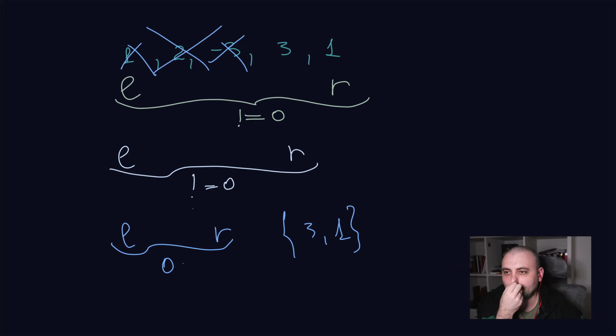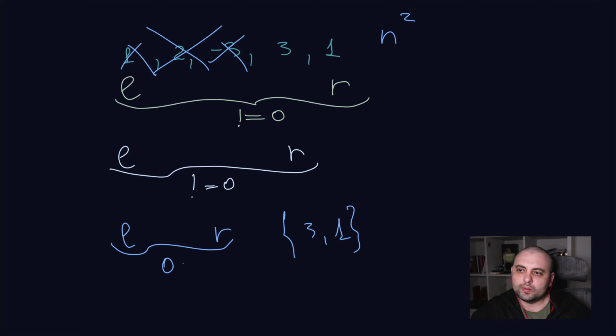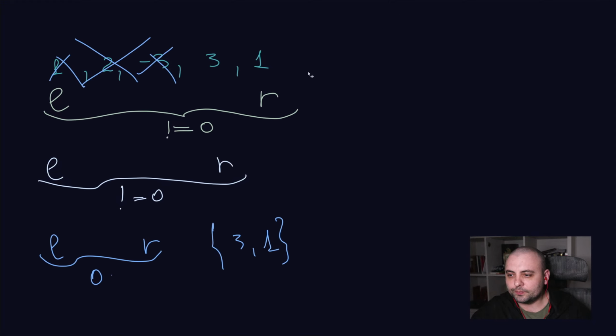That's interesting. At least it has like a feeling that it will work, and maybe it's not as bad. But still, this one, it's n square. So it's still pretty bad though.